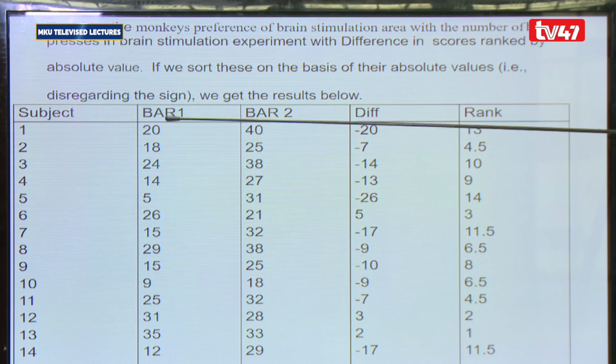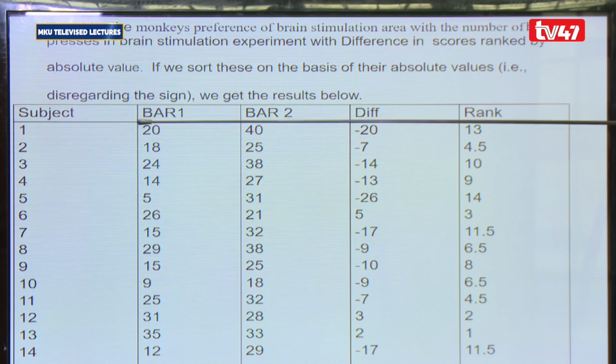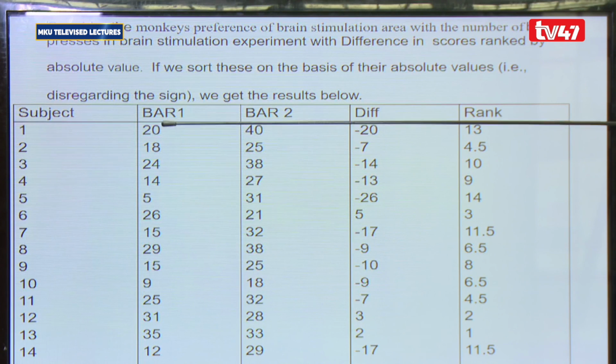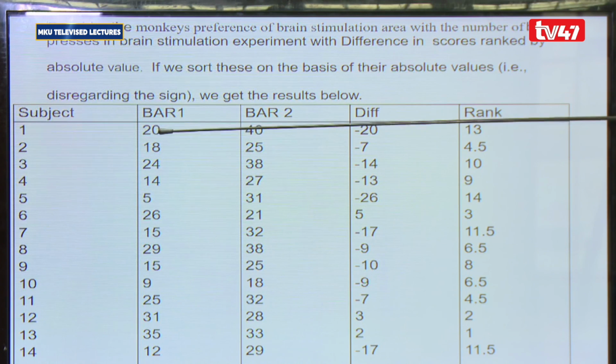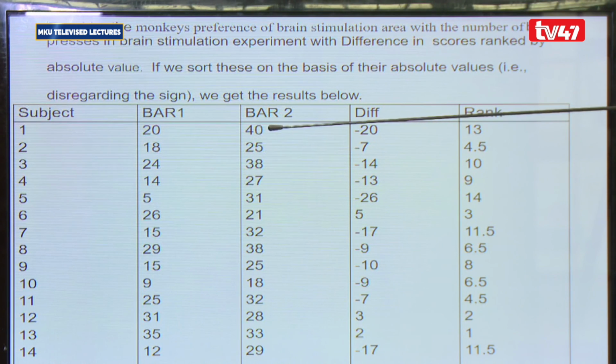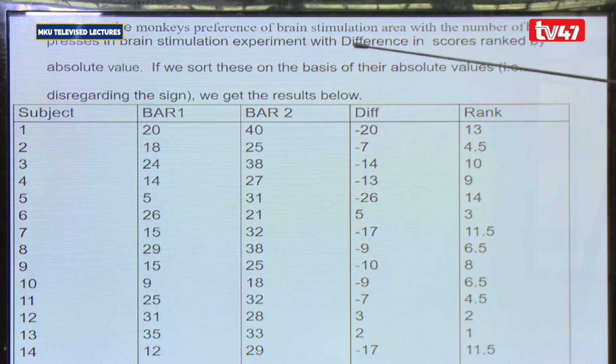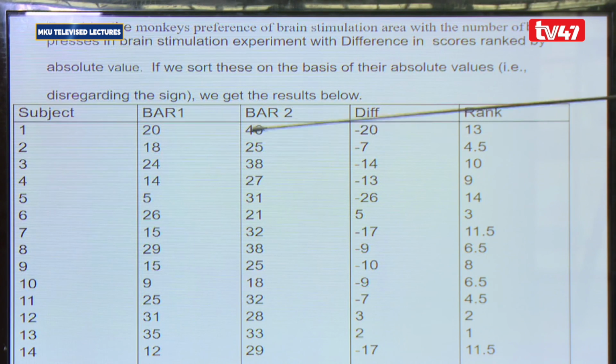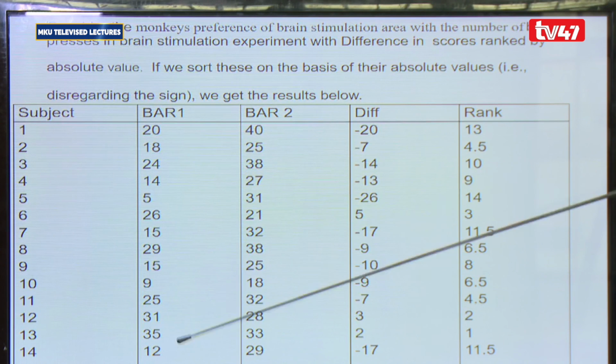It means that within the 20 times it pressed bar 1, area A of the brain was stimulated, and the different light also stimulated area B, and that resulted in 40 presses of the bar. So the difference between the two, taking bar 1 minus bar 2, is minus 20, and so forth. The same applies for the 14 subjects.